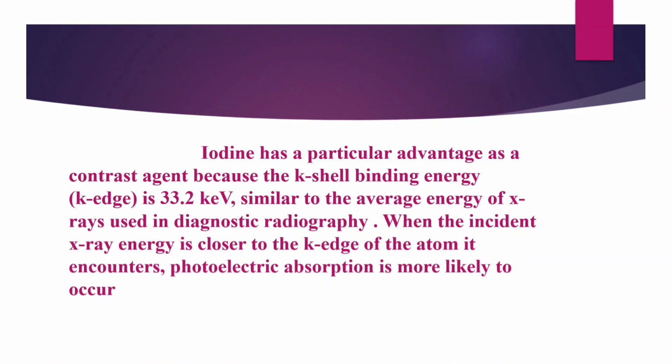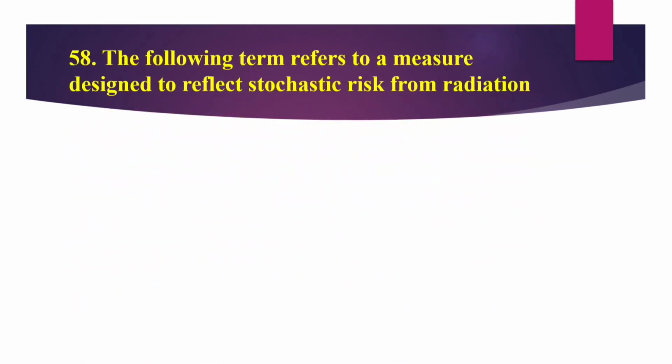Iodine has a particular advantage as a contrast agent because the K shell binding energy, that is the K edge, is 33.2 keV, where keV means kilo electron volt, similar to the average energy of X-rays used in diagnostic radiology. When the incident X-ray energy is closer to the K edge of the atom it encounters, the photoelectric absorption is more likely to occur.